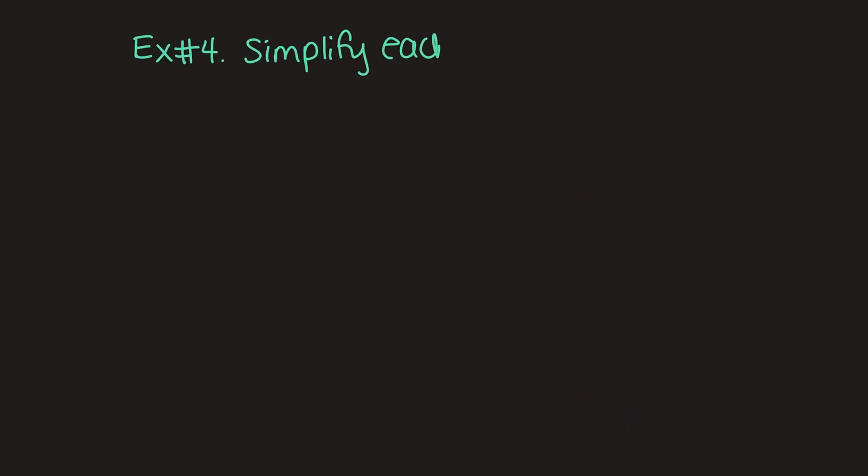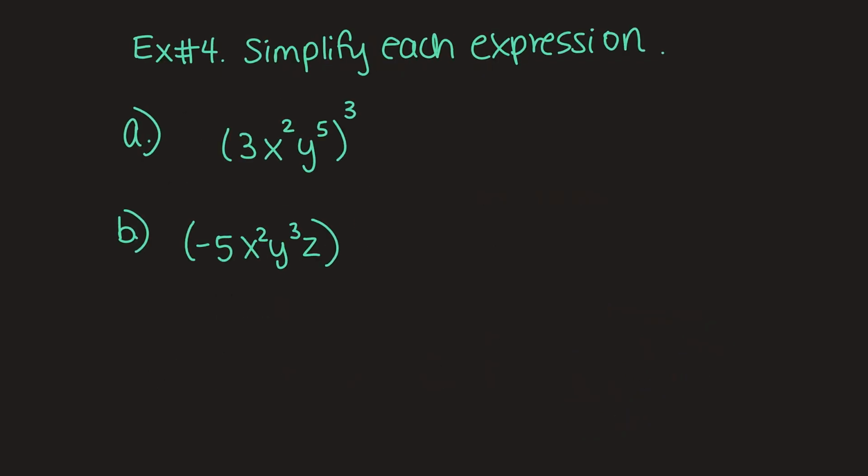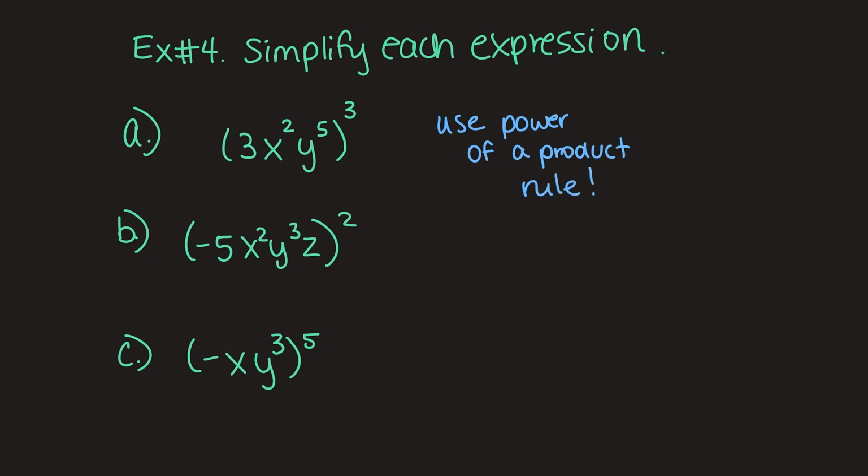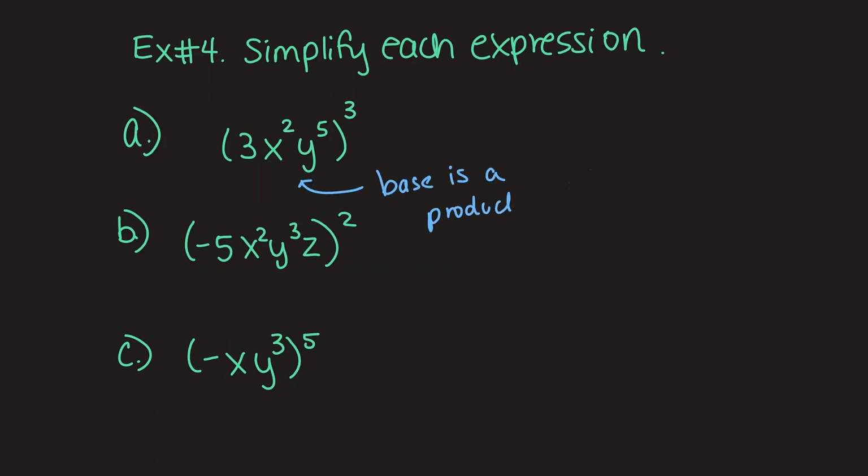So for example 4, let's simplify the following expressions. Since our base is a product raised to a power, we will use the power of a product rule and raise each factor of our base by the exponent 3.